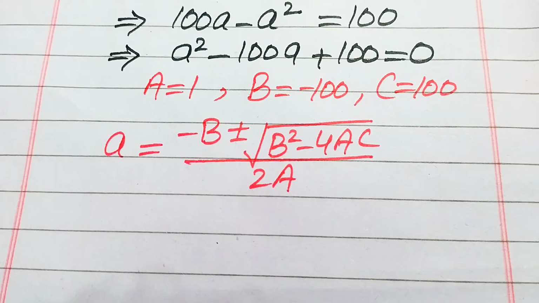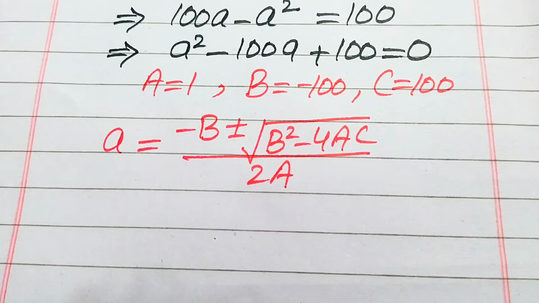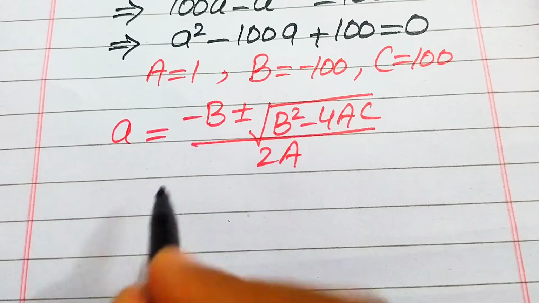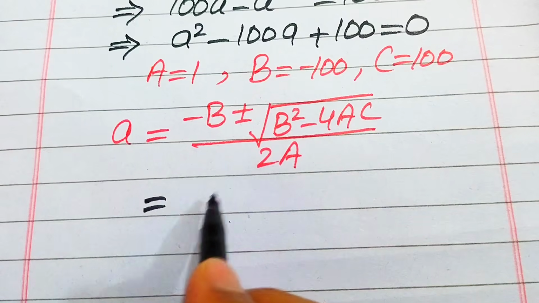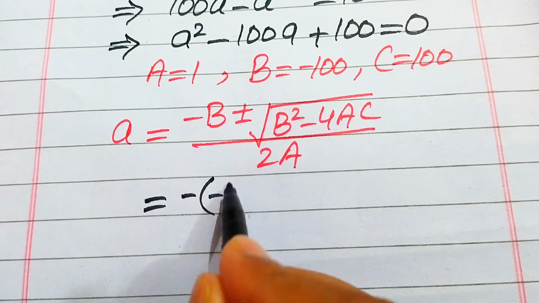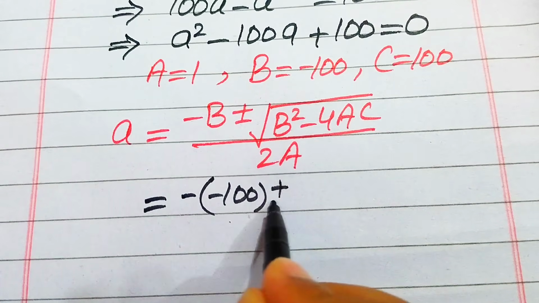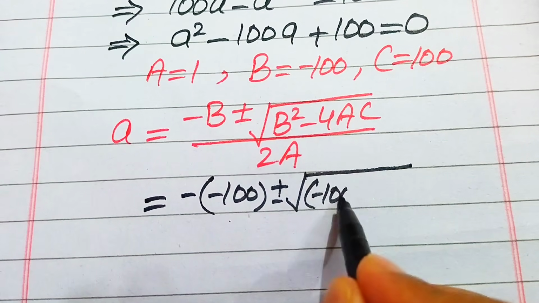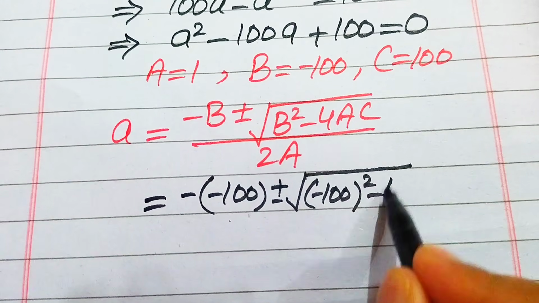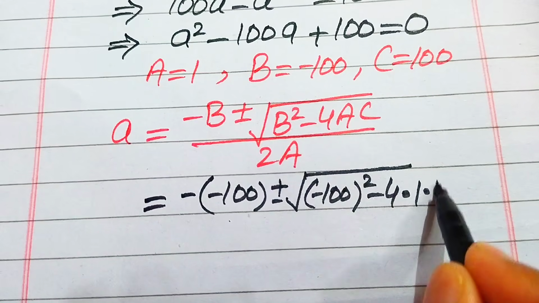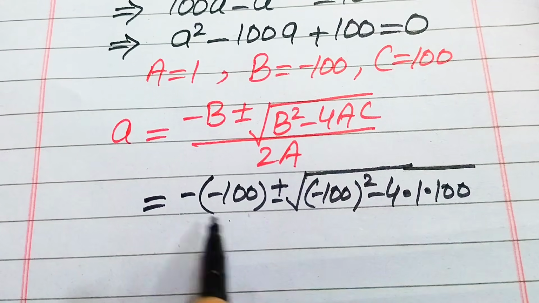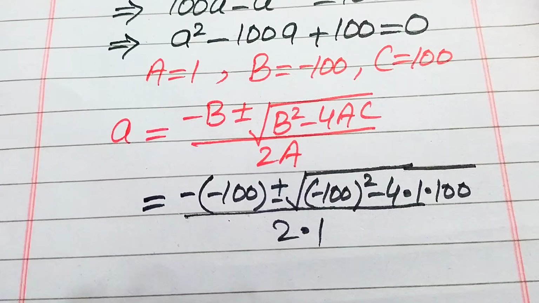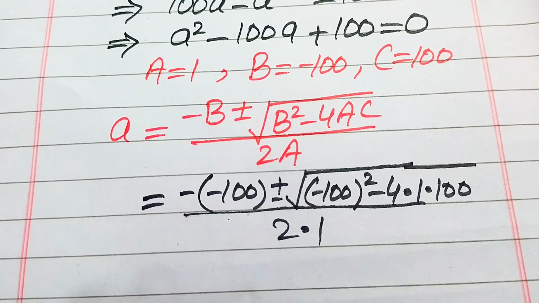So here we substitute all the values of A, B and C in this formula, and we get the values of a. When we put the value of B here, it becomes minus times minus 100 plus minus square root of the value of B, minus 100, square, minus 4 times A which is 1 and C which is 100, divided by 2 times A, the value of A being 1.